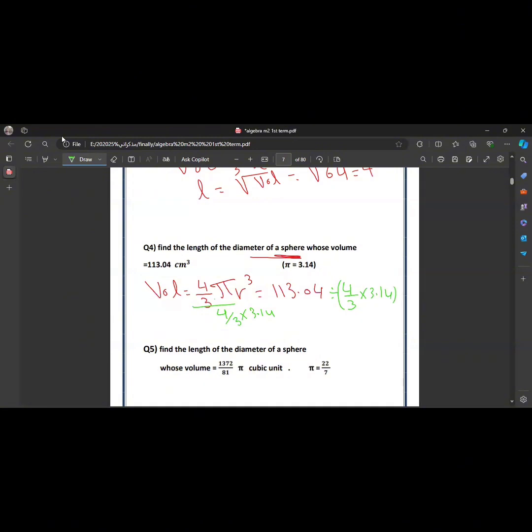Let's see equals what? Here cancel this by this by this. So r cubed equals 27. We can take the cube root.